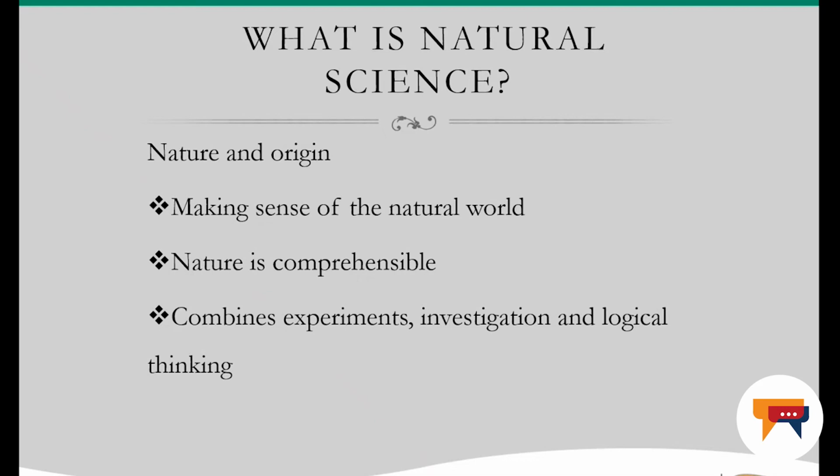Natural science, as we know it today, combines direct experimental investigation of nature with reasoning and inductive logical thinking in order to interpret, explain, and make generalizations about the patterns or regularities observed in nature.